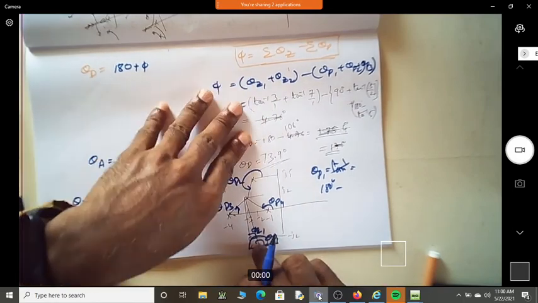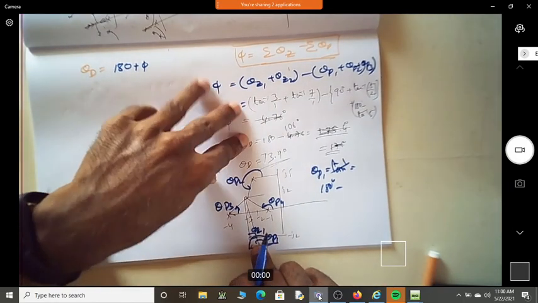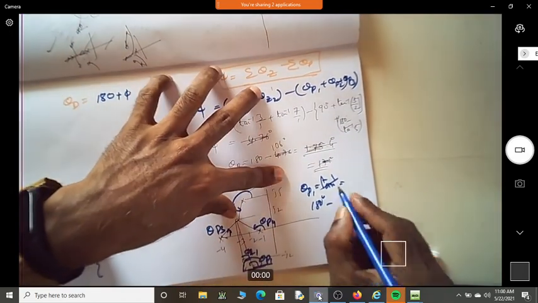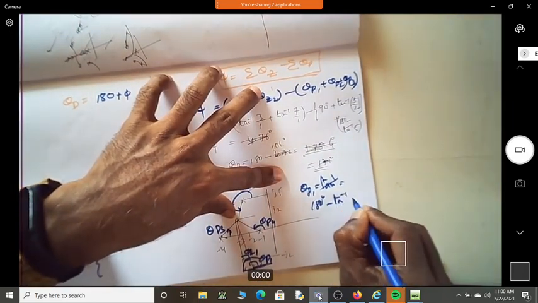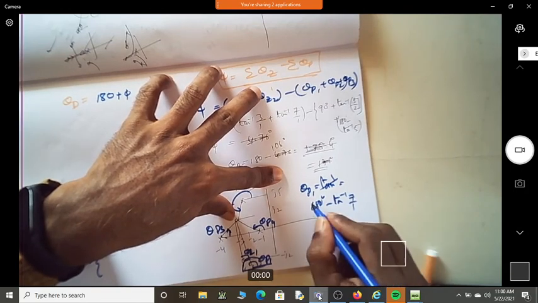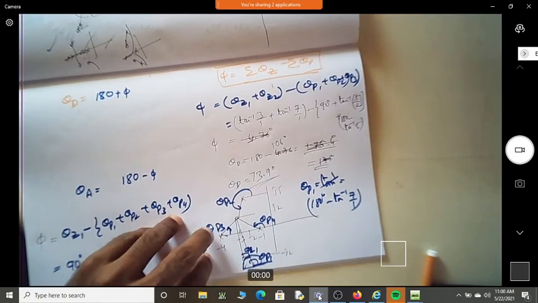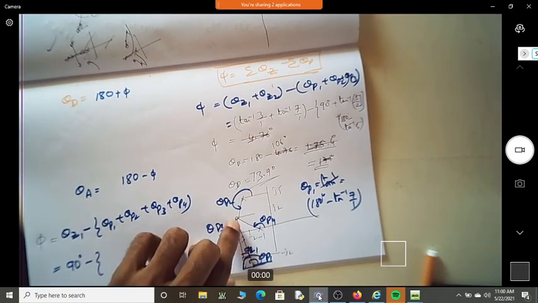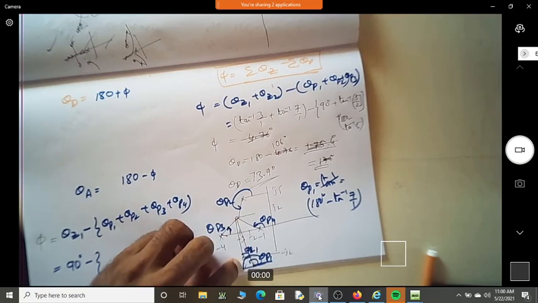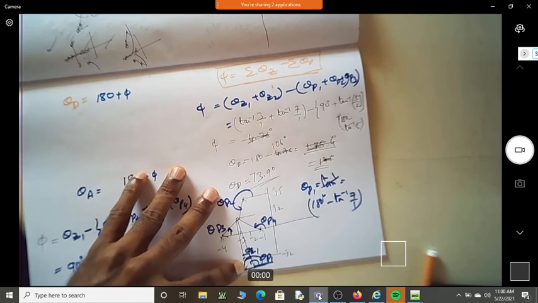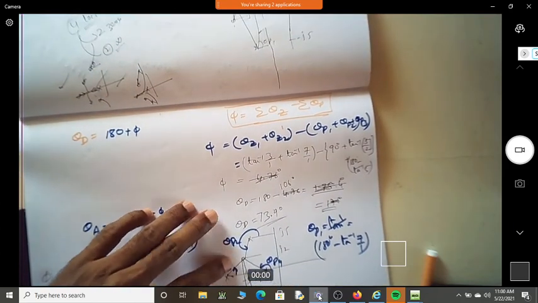This is at -5, that is at 2, so the separation is 7. That is the height. So 180 minus tan inverse of 7 by 1. Correct? The adjacent is 1 because one is at 2, the other is at 3.